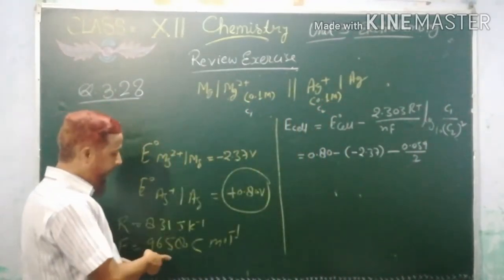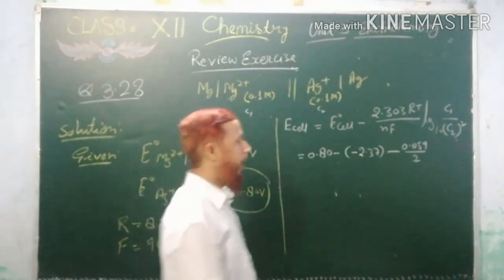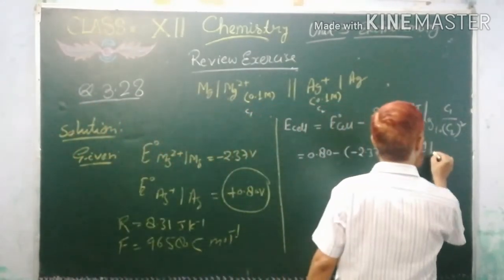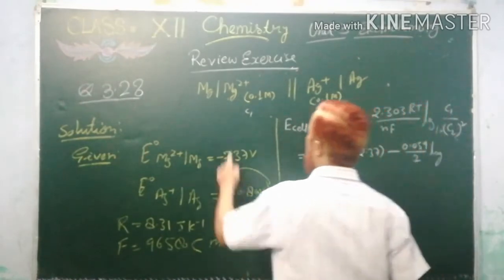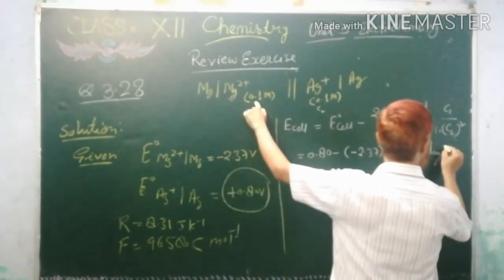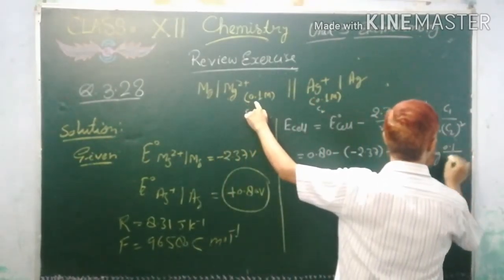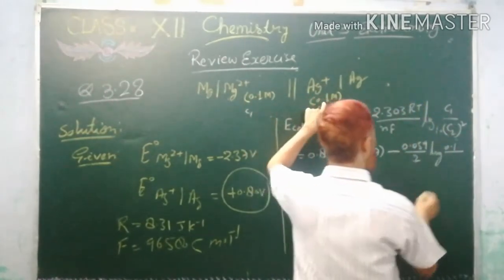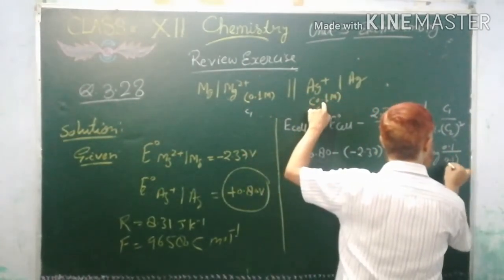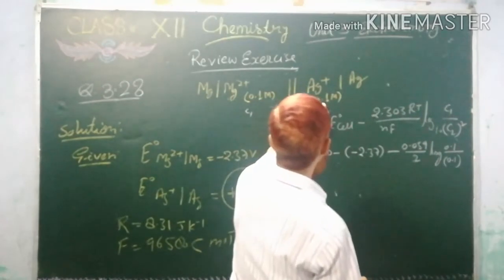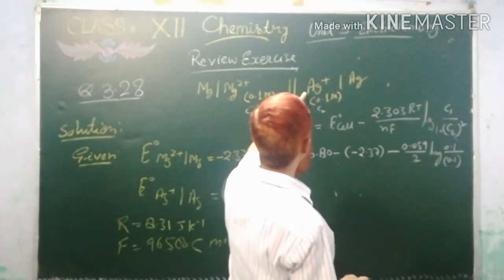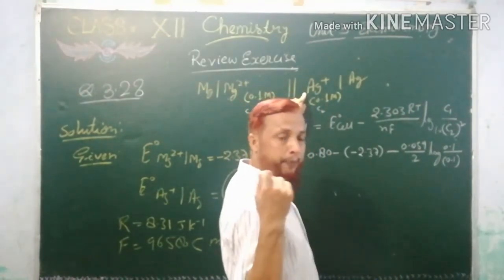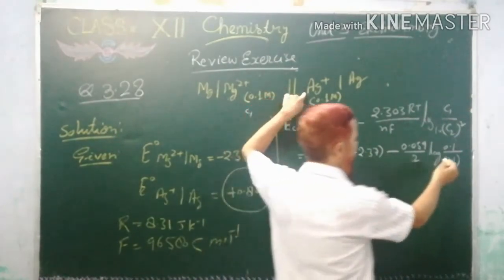So if in the question it is given, you have to substitute the value. Log C1 is given 0.1 upon C2 is given, that is also 0.1, but the stoichiometry will be 2 because this will be multiplied by 2. So I am doing it directly. If you have understood the concept, you can do it directly, so it will be square.